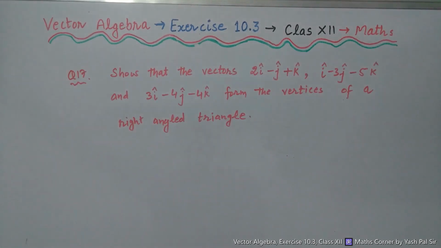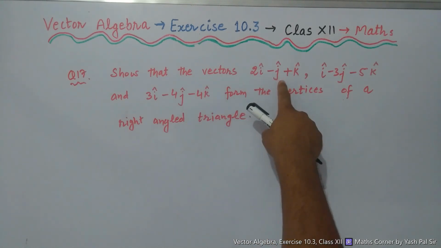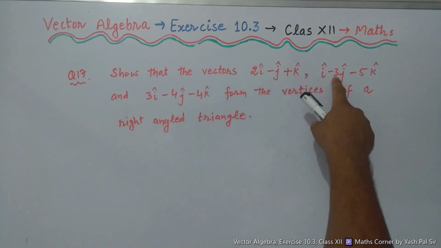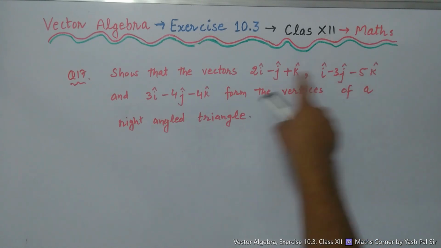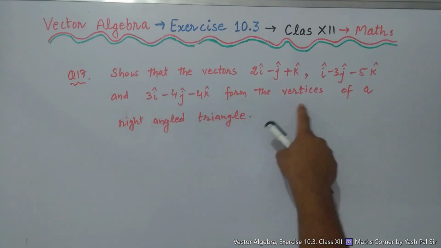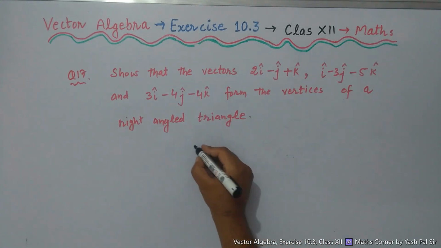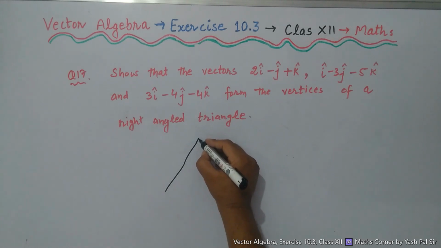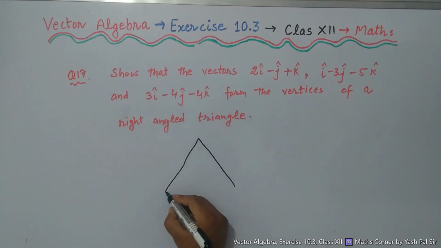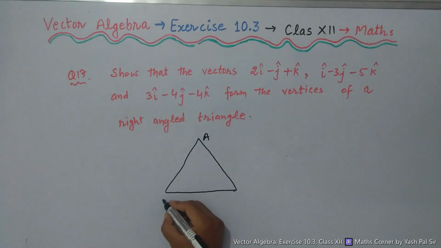Question number 17. Show that the vectors 2i minus j plus k, i minus 3j minus 5k, 3i minus 4j minus 4k form the vertices of a right angled triangle. So again, A, B, C are the vertices.